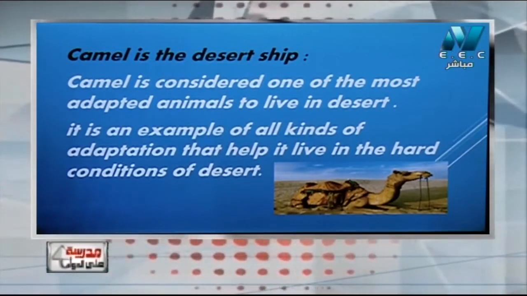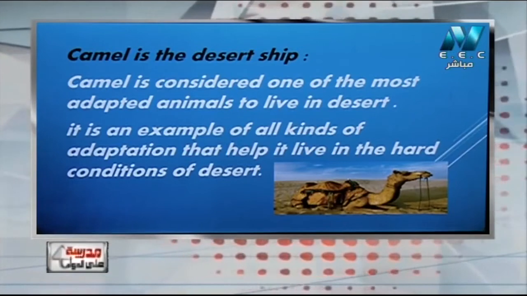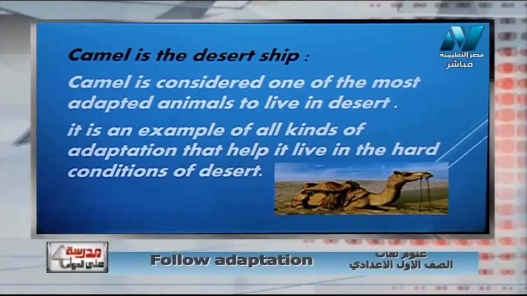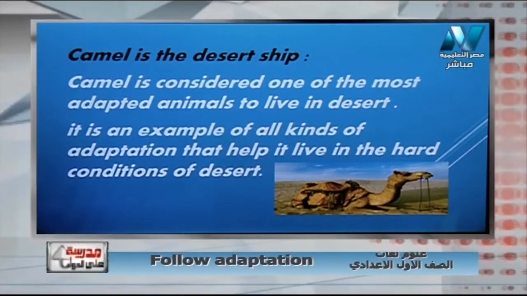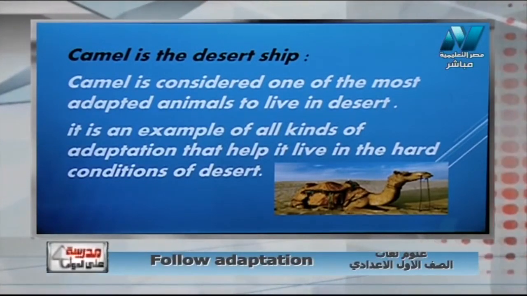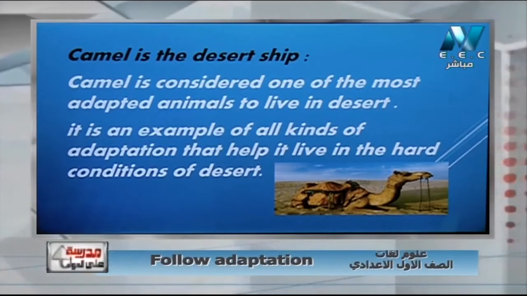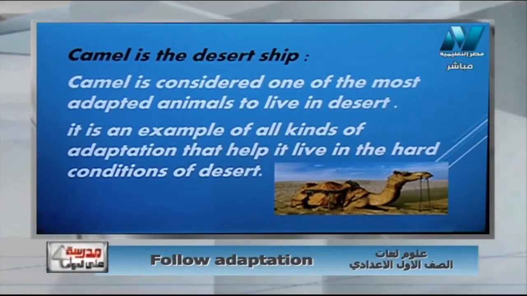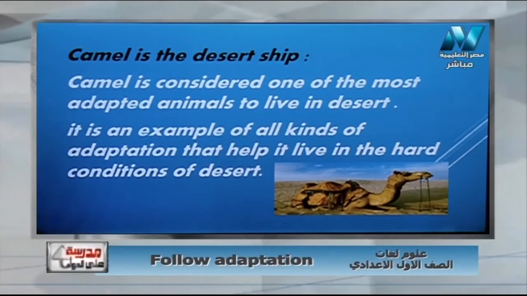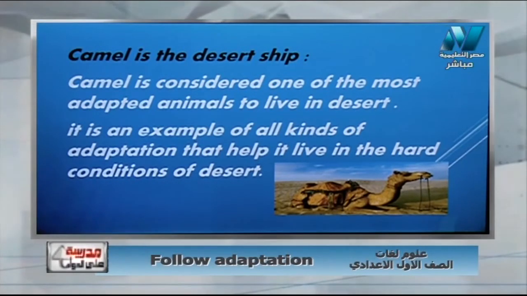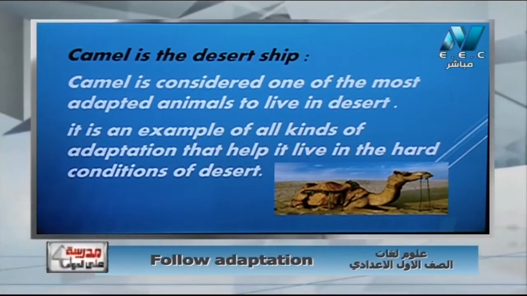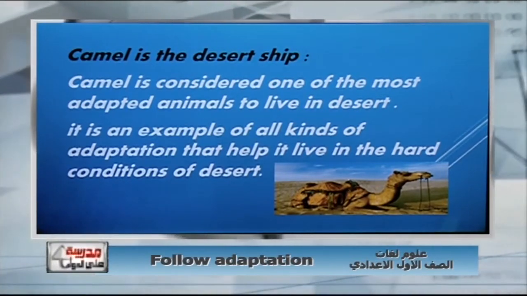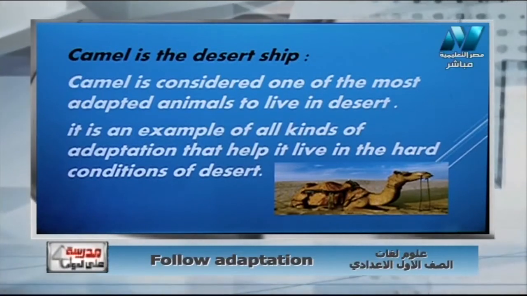It has a structural adaptation: its legs are modified into pads, which have a broad, flat layer to protect it from sinking and to bear the high temperature in the desert. It has not only structure but behavior, and it has functional adaptation. So camel collects all types of adaptation.